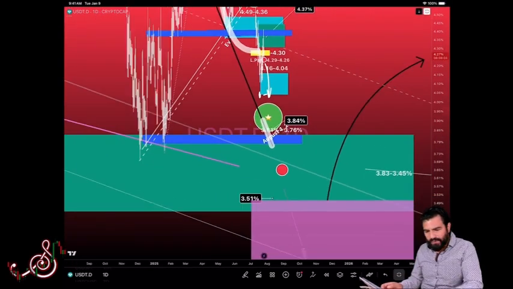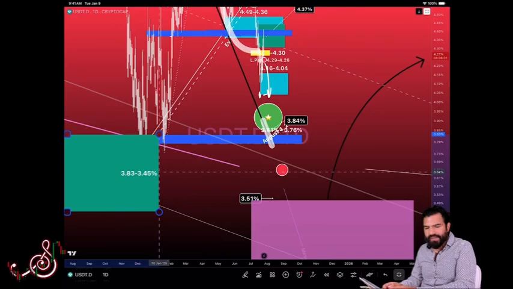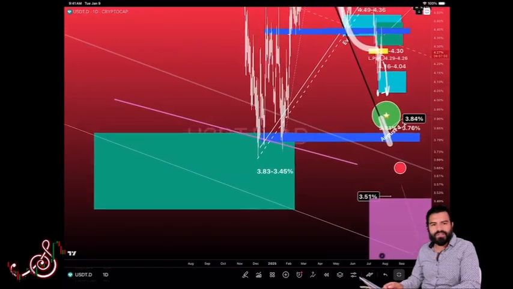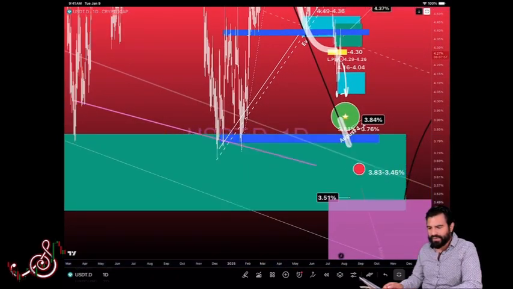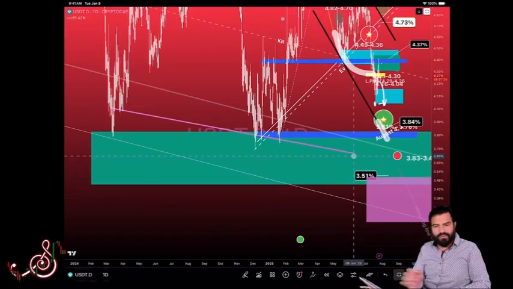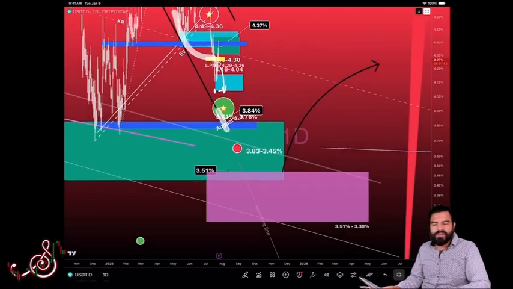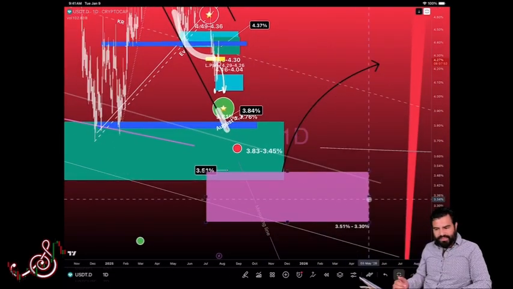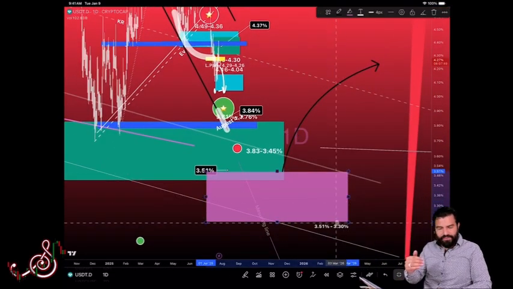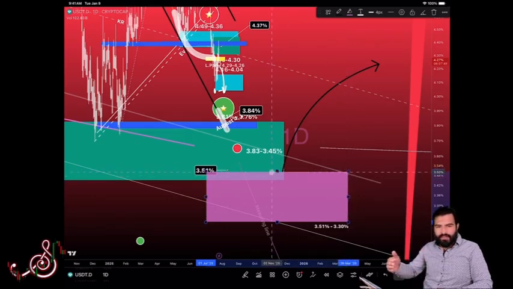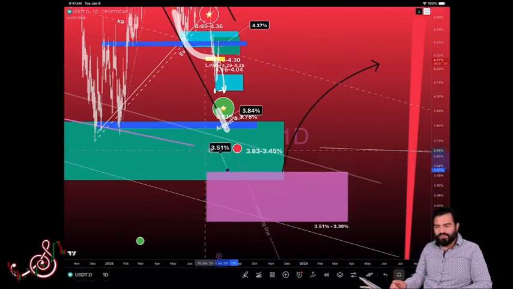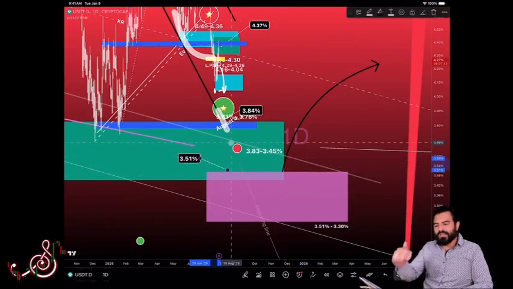We have an old target here, which was hit back in the day, and I've given you this target for several years, at least 2 years. Sorry, we hit 1, 2, and maybe a third time. But we also have the swing target, which is this block here, between 3.5 to 3.1. Where these overlap is approximately 3.51. So I'm going to be actually looking there.